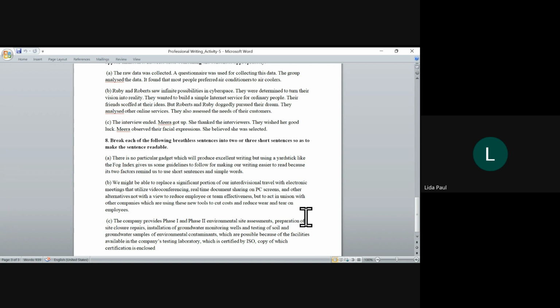Now, can we chop it down? Can we cut them down into shorter two or three sentences? How will we do that?